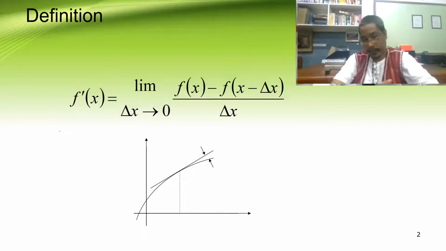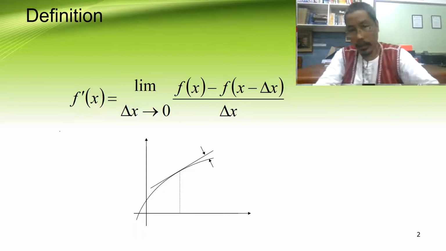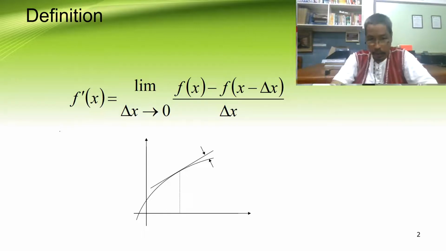delta x. So meaning to say, there are 2 points relevant to our discussion, one of which is x and the other is x minus delta x, which is supposedly, if you compare the value, x is of a larger magnitude than x minus delta x.